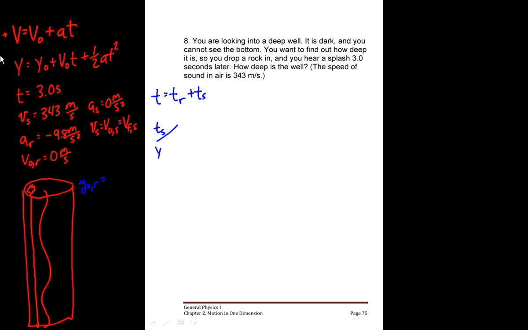I'm going to call that 0. All right, and this is going to equal y final for the sound. And down here at the bottom, I have y final for the rock, and that's going to equal y initial for the sound, because that's where the sound initially starts. All right, so down at the bottom, I have the final position for the rock and the initial position for the sound, and at the top, I have the initial position for the rock and the final position for the sound. All right.